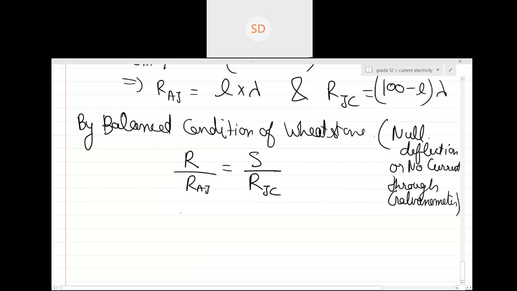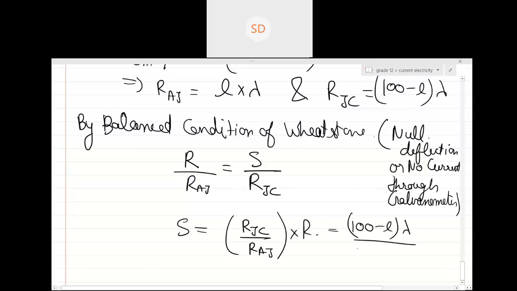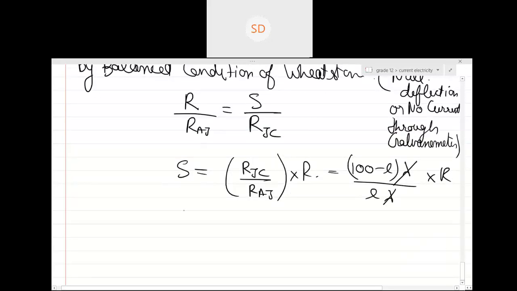So now S will be equal to R JC upon R AJ multiplied by R, and I can write this as 100 minus L into lambda upon L into lambda into R. Can you see lambda and lambda getting cut? So you don't even need to know the resistance of this wire.